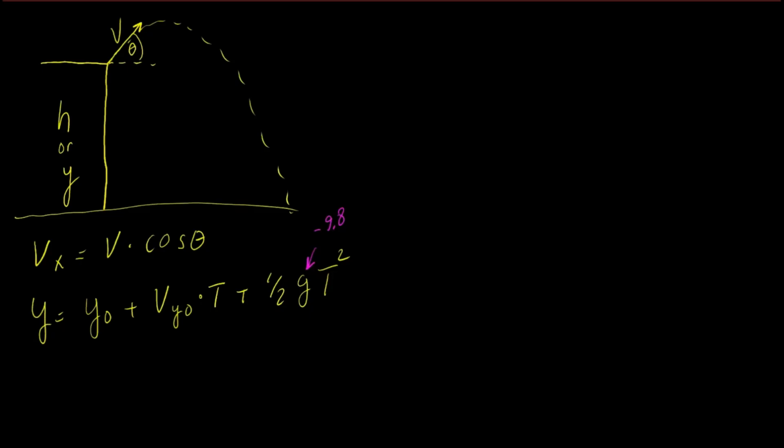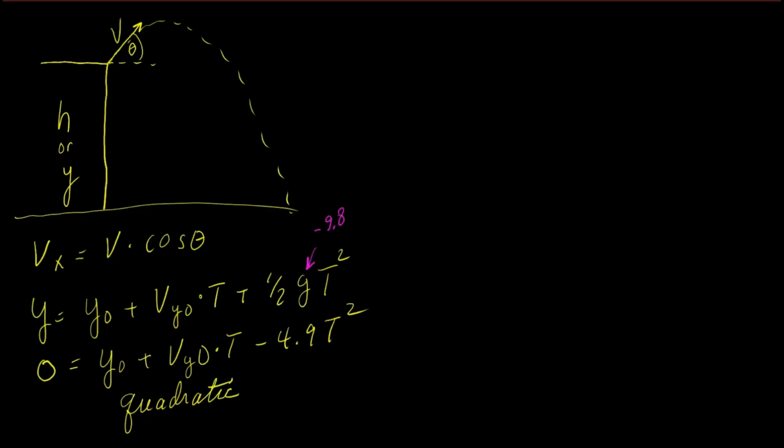If it hits the ground, y is going to be 0. So this is going to be the height, y sub o, plus v y sub o times t minus 4.9 t squared, and we'll just use the quadratic equation to solve for t.